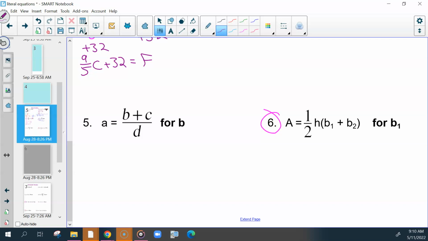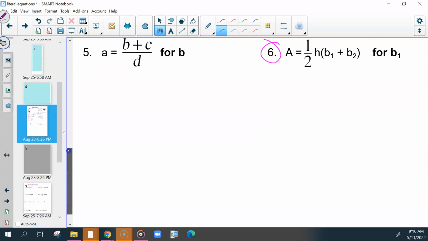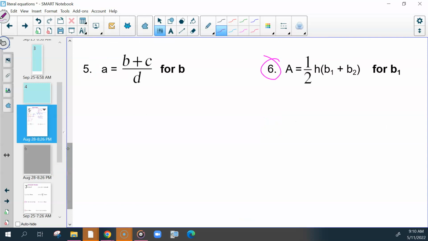For number 6, we have to solve this for b1, or b sub 1. I feel like this is the actual equation for something in geometry, parallelogram, something, I don't know. The easiest way to start this is to get rid of this 1/2 by multiplying, kind of like what we just did.